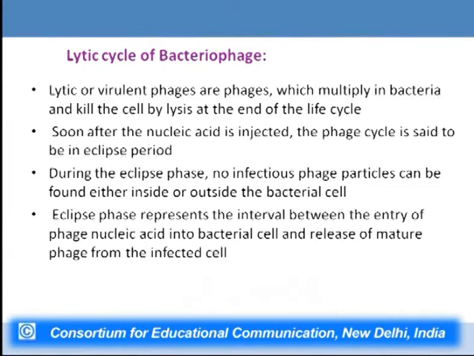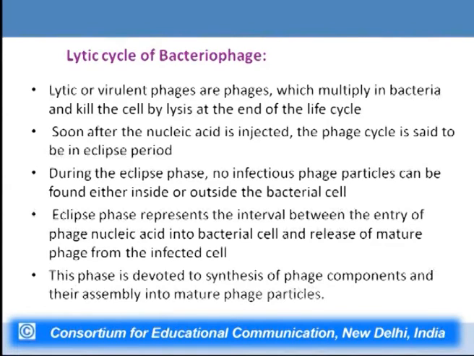Eclipse phase represents the interval between the entry of the phage nucleic acid into the bacterial cell and release of mature phages from the infected cell. This phase is devoted to synthesis of phage components, that is phage proteins, and their assembly into mature bacteriophages. Now, in the lytic cycle, the phage nucleic acid takes over the host biosynthetic machinery and phage specific mRNAs are transcribed and specific proteins are made.